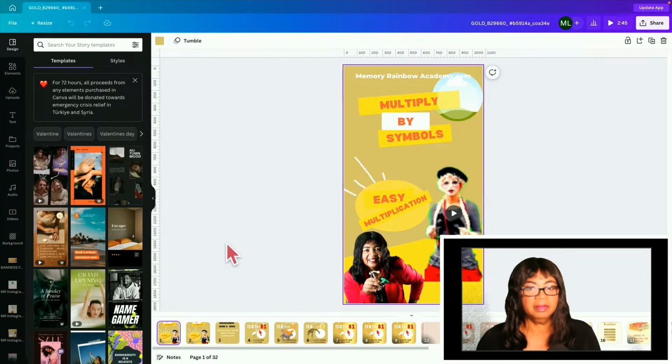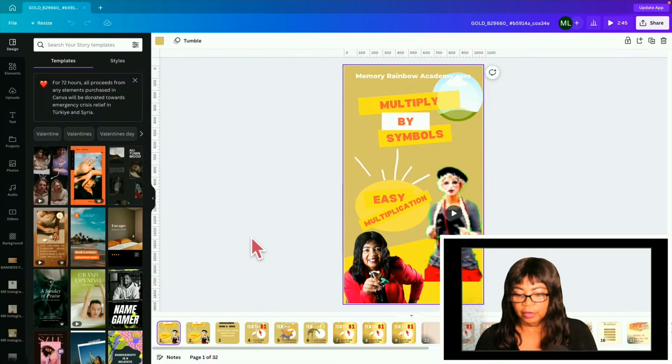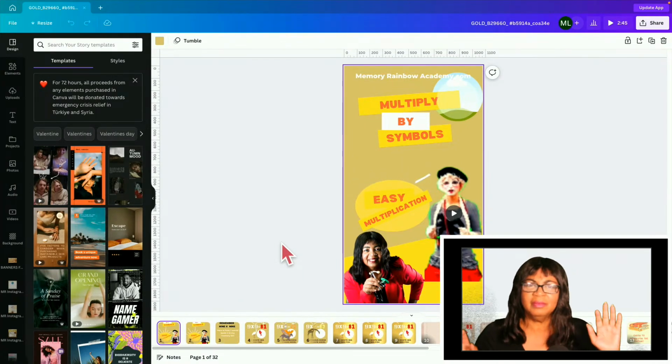Okay, perfect. This is one of the ones that I wanted to go over, because one of the things that I talked about yesterday, and I just want to run through it again to make sure that it's well understood, has to do with multiplying with symbols. I'll tell you the truth, one of the most difficult things for people to remember is the times table.